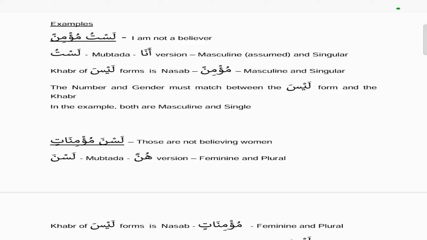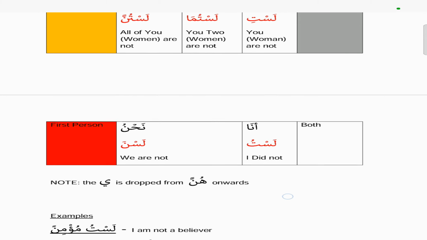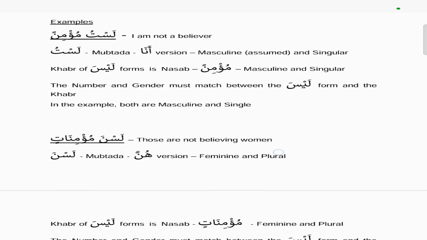In this example, both are masculine and both are singular. So whatever laysa form you use, whether it's ana, nahnu, or hiya, whichever form from the table you use, it needs to match the khabar in gender and number in order to make sense.